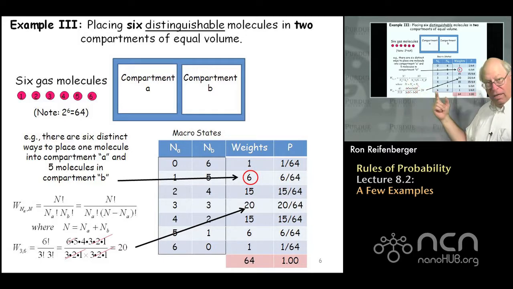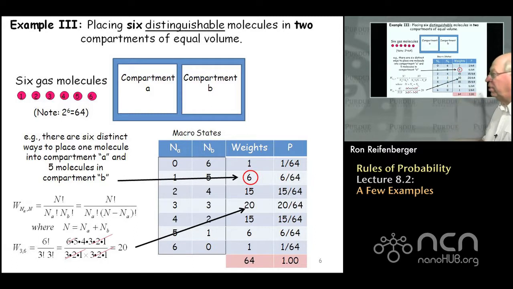You have to identify the weights of these different configurations, and these weights can be calculated using this very simple formulation of n choose n. So here we're choosing n particles to be in compartment A. We're choosing n sub B to be the number of particles in compartment B. The sum of n sub A and n sub B is 6. So that fixes 6 factorial in the numerator of this equation.